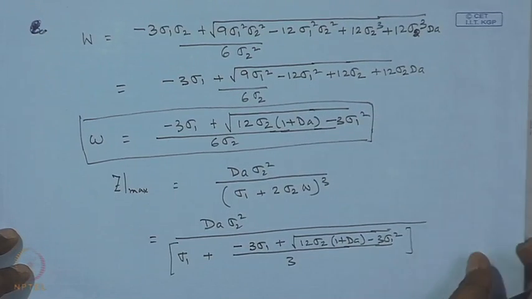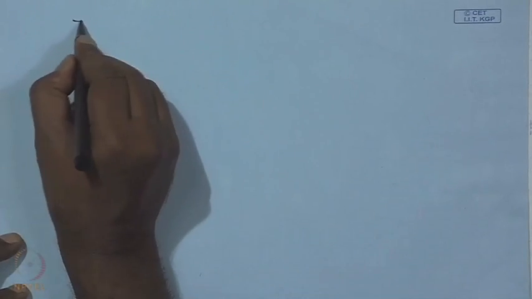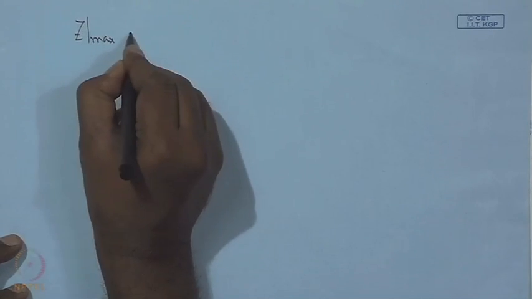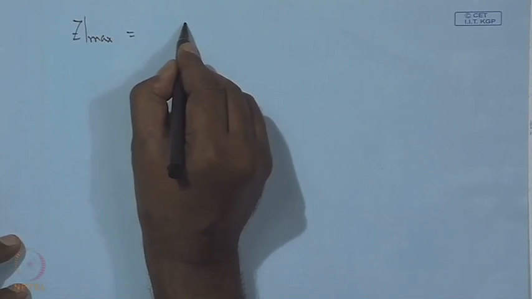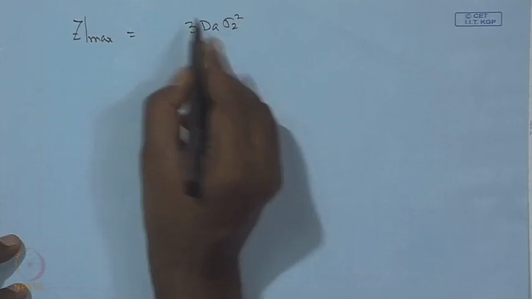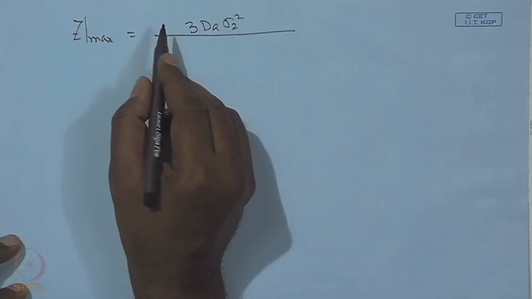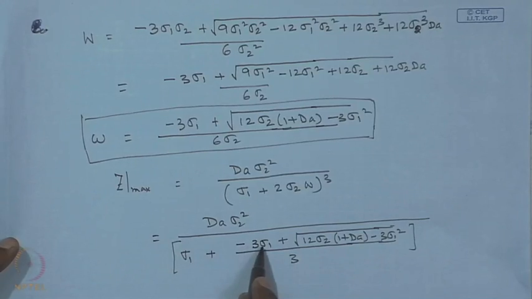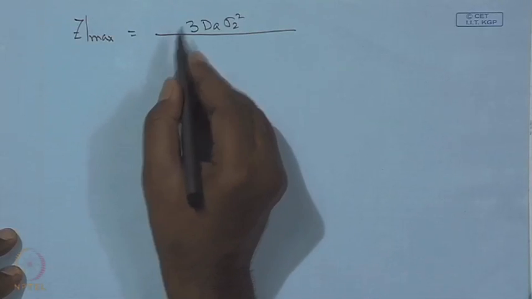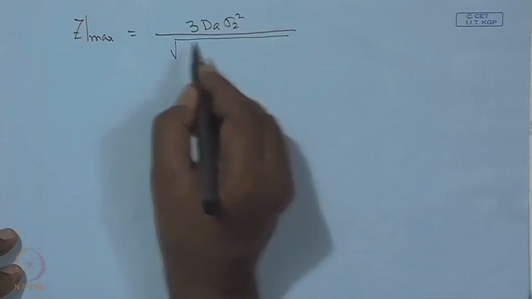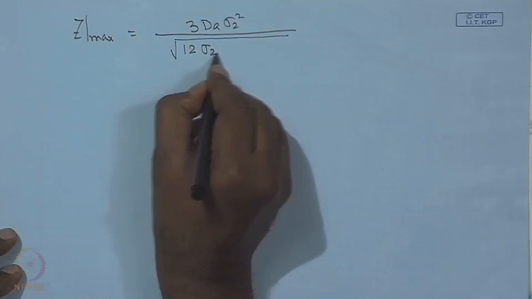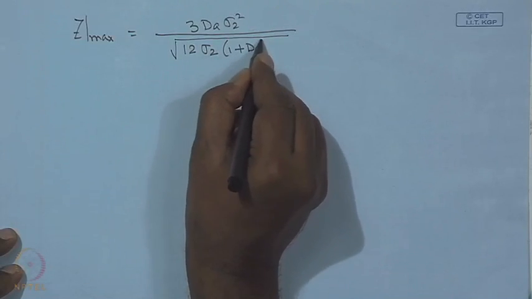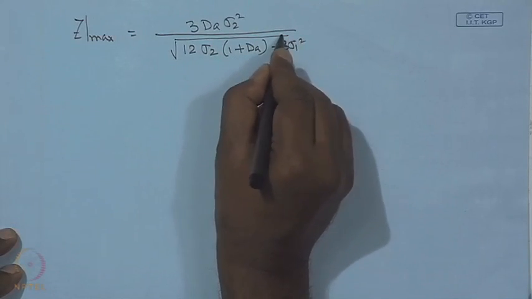Okay. So, it becomes a bit more complicated. So, we write down that equation once again in a neat compact form. Z max should be equal to 3 dA sigma 2 square divided by 3 sigma 1 in this equation. 3 sigma 1 and minus 3 sigma 1 will simply cancel out. So, that makes our life simpler. So, this becomes root over 12 sigma 2 into 1 plus dA minus 3 sigma 1 square.